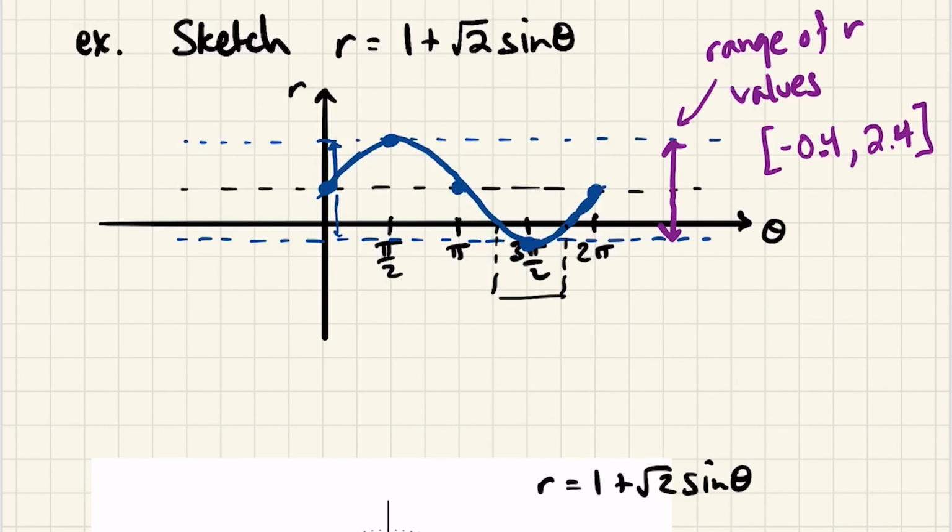We can also see that for the most part, our r values are positive, except between here and here, our r values are negative. So for a small part of our graph, we're going to be drawing on the opposite side of whatever theta values we're investigating. But for most of it, we're going to be drawing on the side that we're investigating. Okay. So let's go in and sketch this guy.